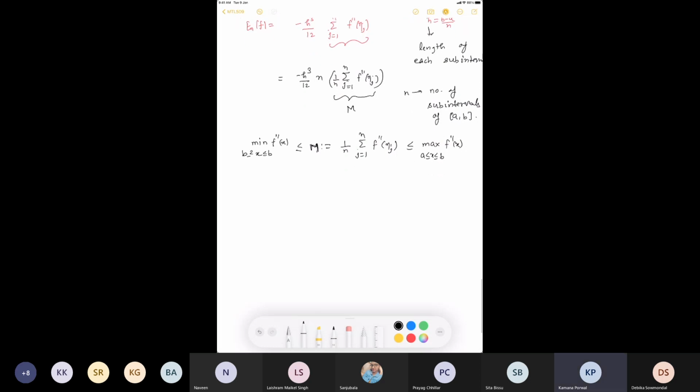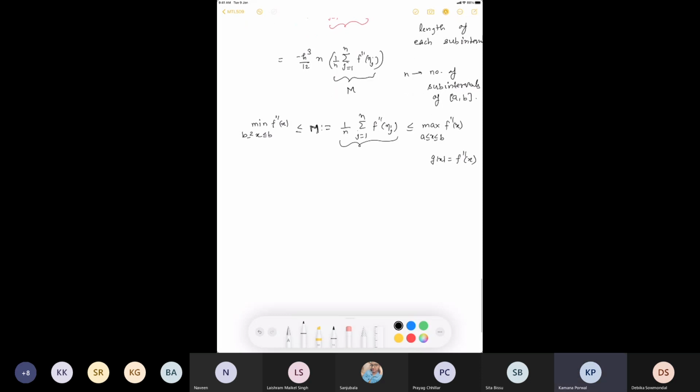Now can you say something about this quantity? This m is basically lying between the maximum of f double prime of x and the minimum of f double prime of x. You can treat f double prime of x as some function g of x. So this m is a value lying between the maximum of g and the minimum of g.